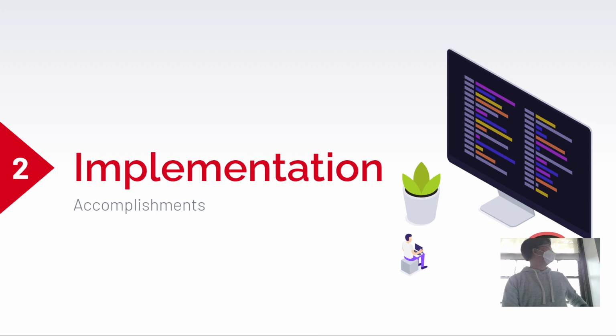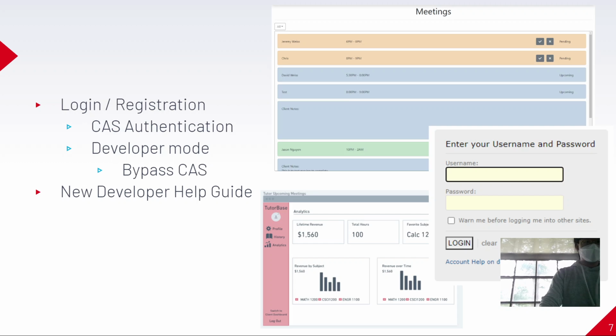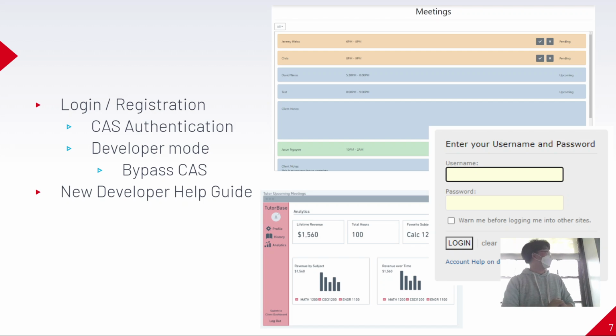So implementation, this is what I did over the summer. For the login and registration, we wanted to have a developer mode to bypass CAS to make it easier for developers to check the website and fix any errors or bugs. I used environmental variables to create a bypass so that you don't have to go through CAS.